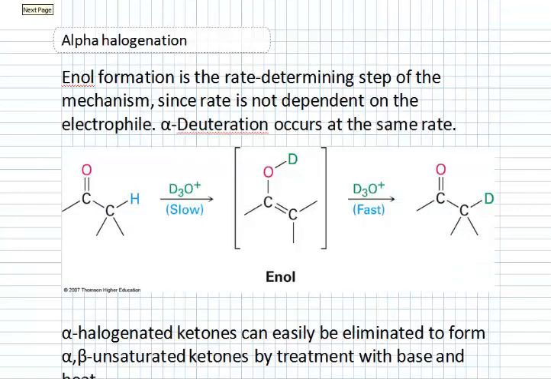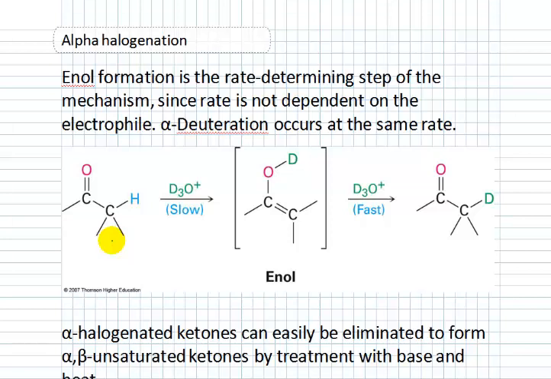As a way to confirm the fact that it's the enol that actually reacts and not something else, we can use a different electrophile. If I had just a regular ketone and I reacted it with D3O+, that's the deuterium version of hydronium, that's catalytic deuterium acid. We get the exact same rate of reaction as we would with really any other electrophile.